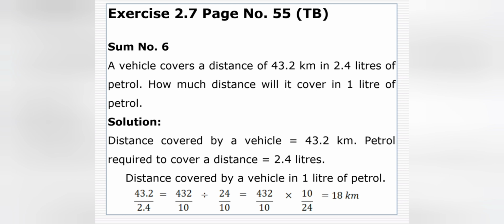So to do so, 43.2 divided by 2.4 is equal to 432 upon 10 divided by 24 upon 10. The next step is 432 upon 10 multiplied by 10 upon 24. The answer is 18 kilometer. Now, a vehicle can cover 18 kilometer in 1 liter of petrol.